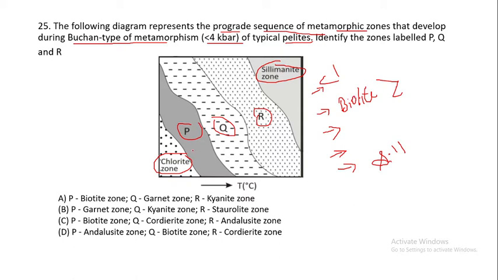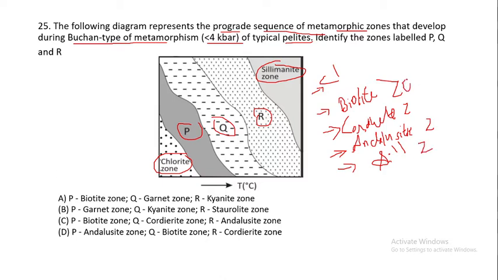Next is cordierite. Then next is andalusite, andalusite zone. And finally it is the sillimanite zone.